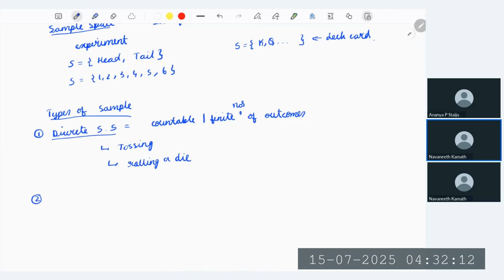Next we have continuous sample space, where the number of values is not finite, it is uncountable. Continuous sample space, where the outcome is in an interval. If you remember the open interval, closed interval, that is the interval I'm talking about. Or you can say the outcomes are infinite, or uncountable.